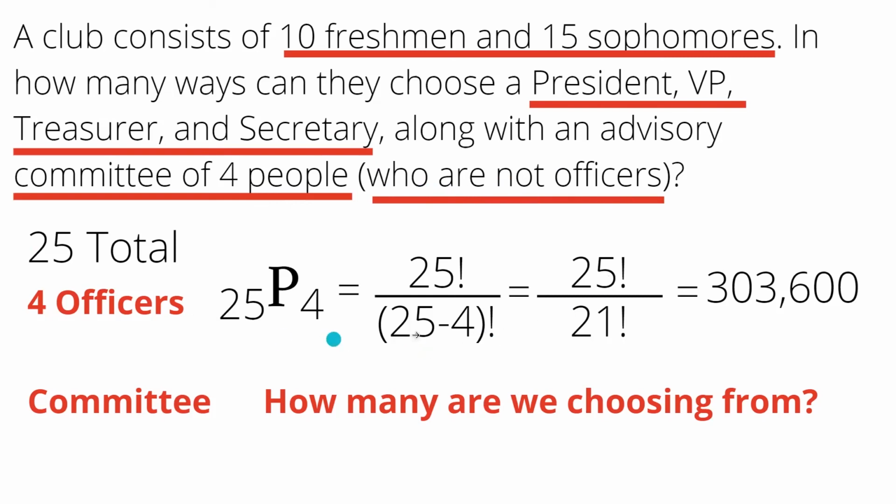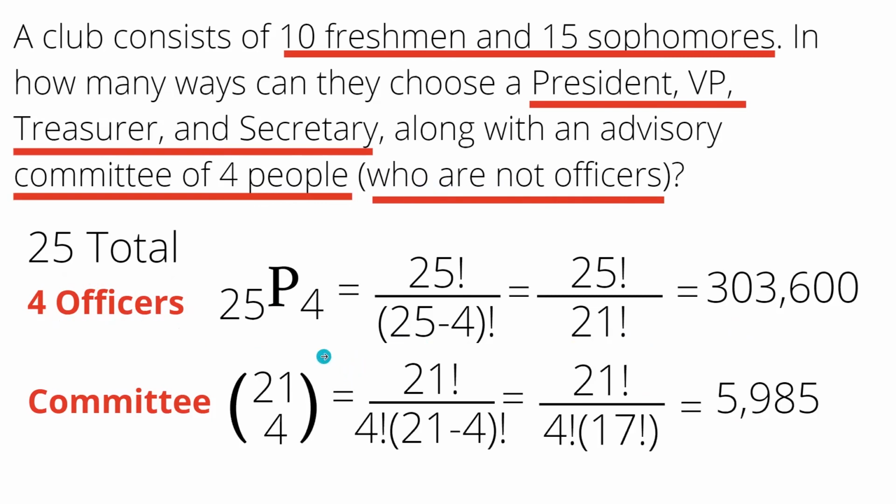So that means you have to hold this election thing first, and then you form your committee. So now after you've made your election, you don't have 25 people to choose from anymore. You have 4 less people. So you actually only have 21 to choose from.